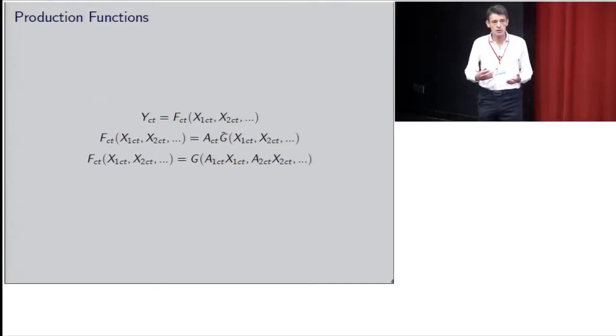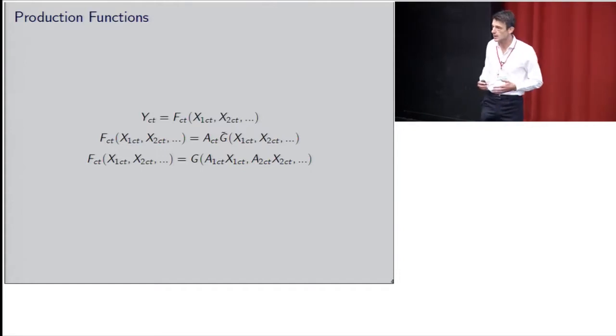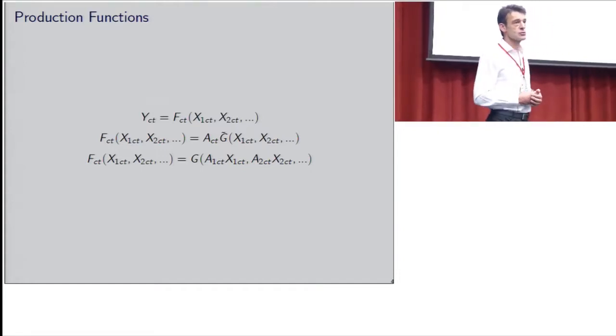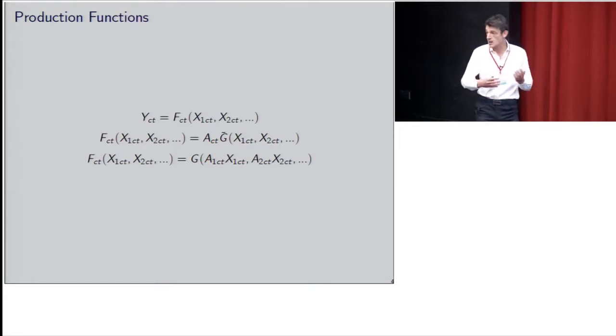And so what I want to talk about tonight is methods to try to do something a bit similar with the last expression, where again, there's going to be a functional form choice for G, and then there's going to be measurement of inputs, measurement of output. It will turn out to be very important to measure also factor prices. And once that is done, you can try to say things about how the A's vary and how the ratio of the A's vary.